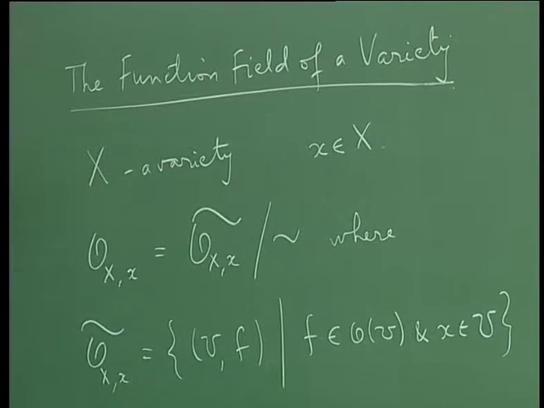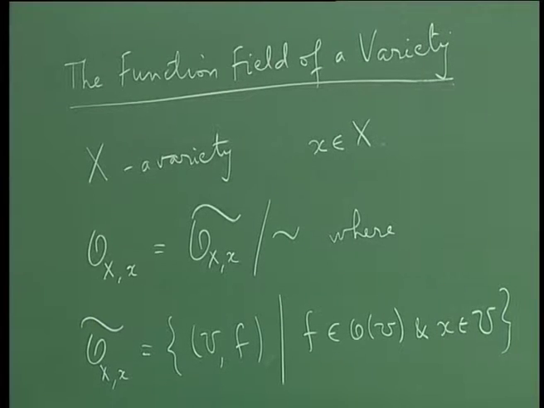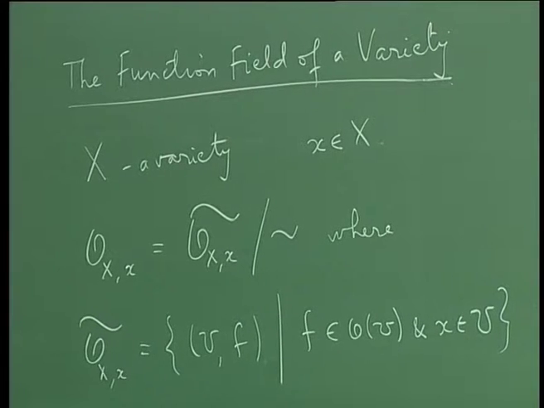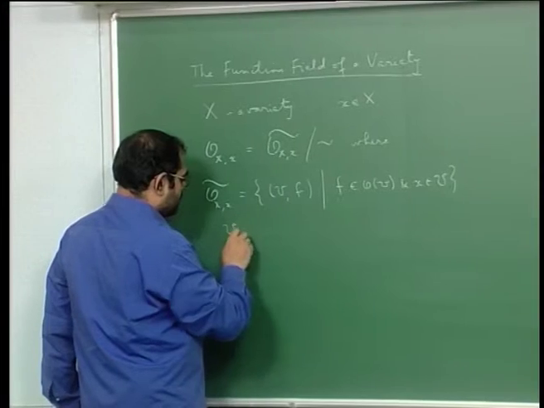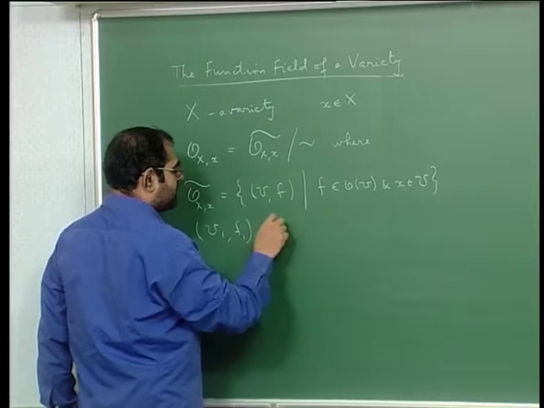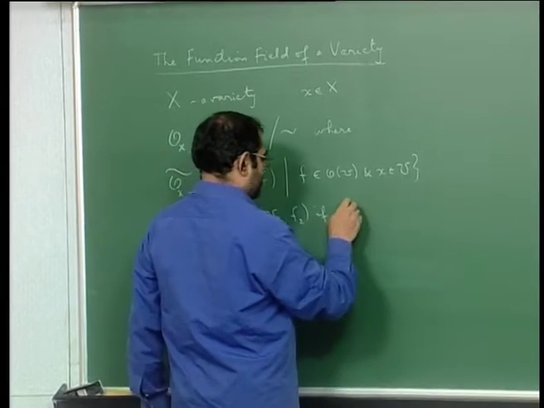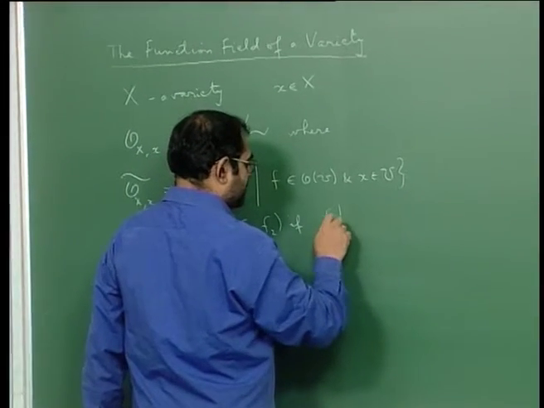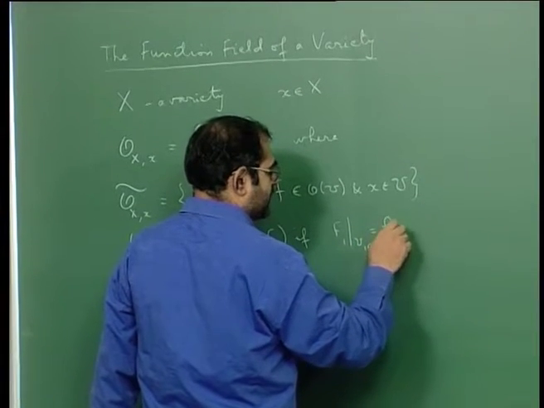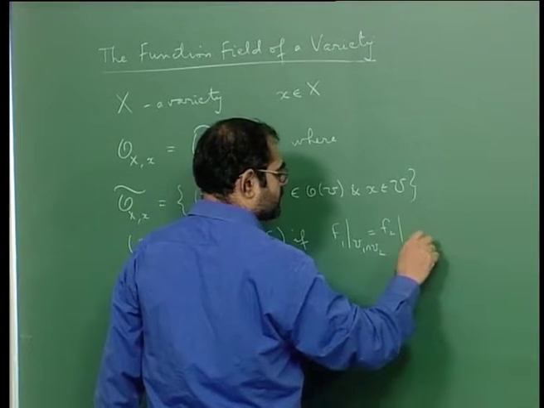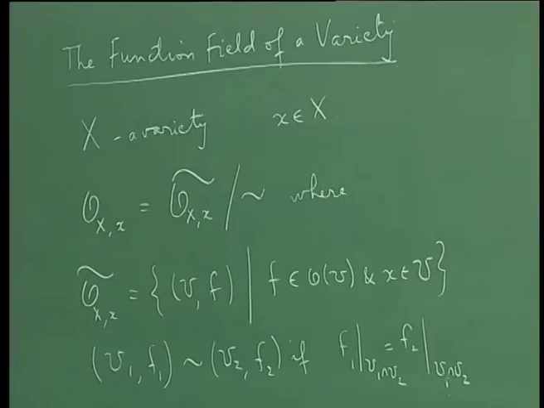You took two such pairs, and then what is the equivalence relation? Two such pairs are identified if they define the same function on the intersection. So (U1, f1) is equivalent to (U2, f2) if f1 restricted to U1 intersection U2 is equal to f2 restricted to U1 intersection U2, where of course you have to remember that x is both in U1 and in U2.